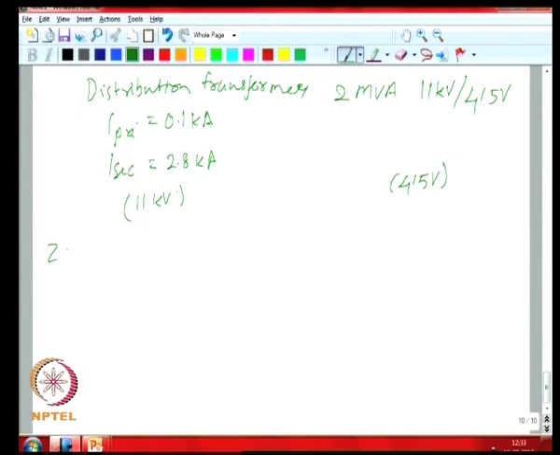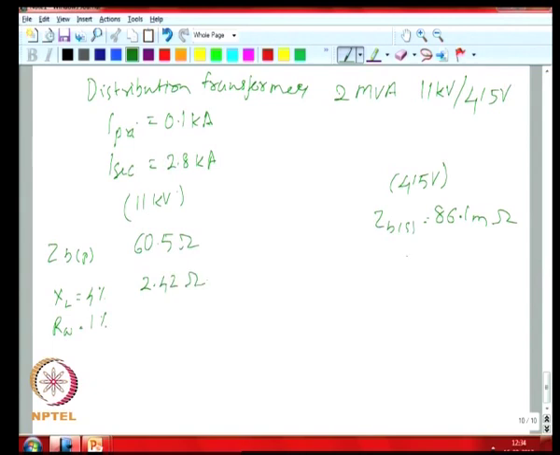If you calculate your Z base from your primary side, this turns out to be 60.5 ohms, and from your 415 volt side, this turns out to be a much smaller value. So, when you say your XL is 4% and your Rw, winding resistance, is say 1%, if you are looking at it from the high voltage side, this would correspond to 2.42 ohms.